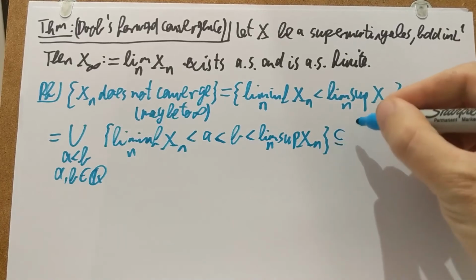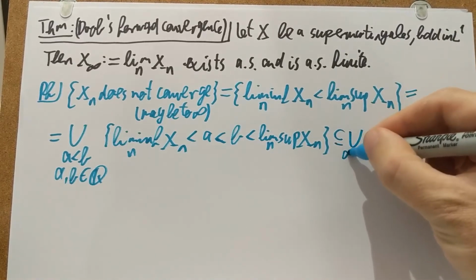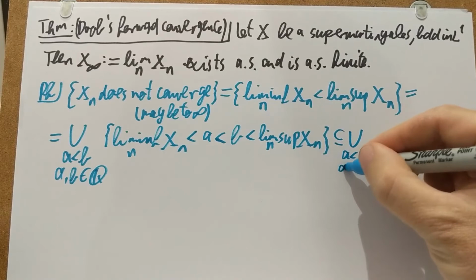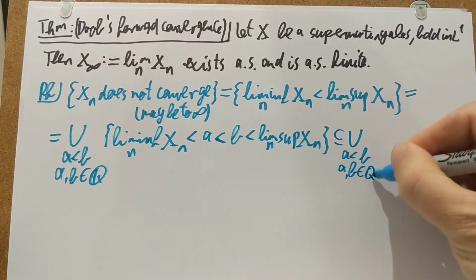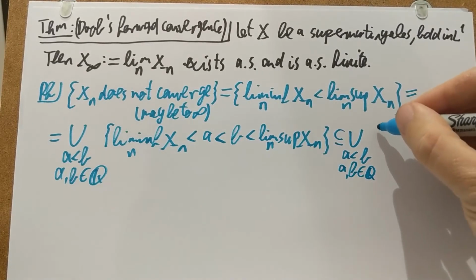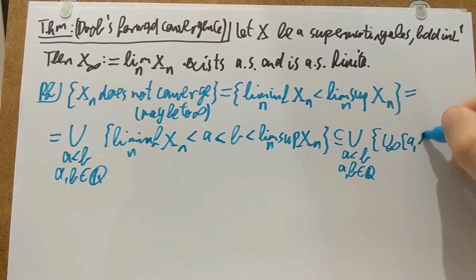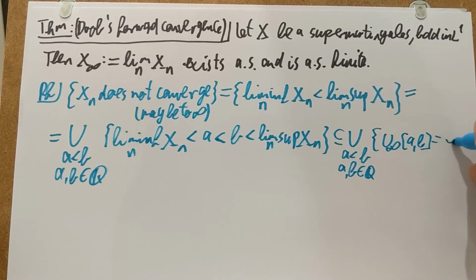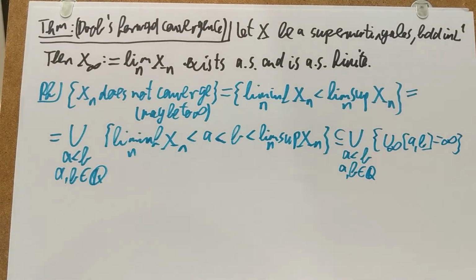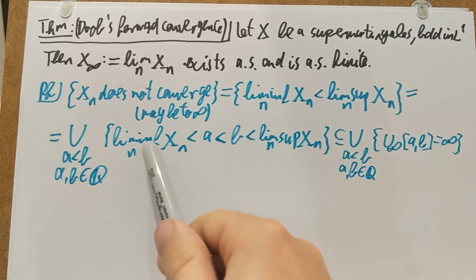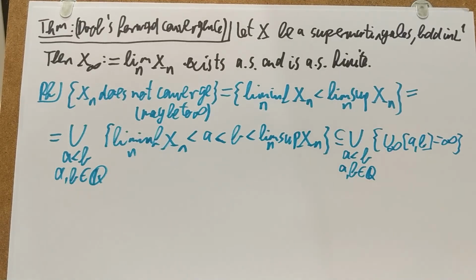So that implies that for these rationals A and B, U infinity of AB is infinite. Again, in order for the lim-inf to be below A, infinitely often I need to visit below A. In order for the lim-sup to be above B, infinitely often I need to visit above B. That means that infinitely often I need to do this upcrossing from A to B.